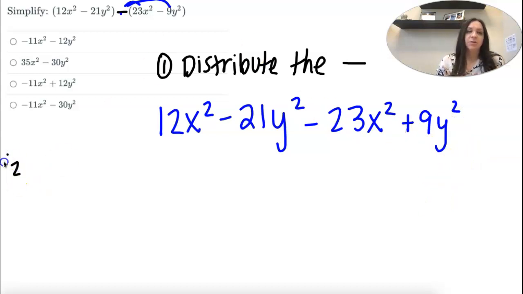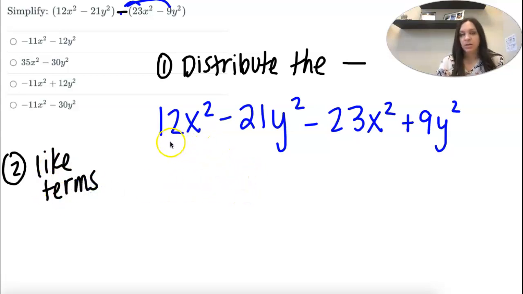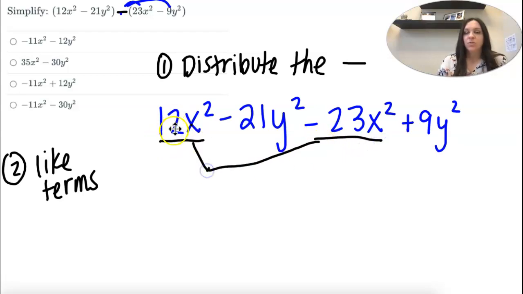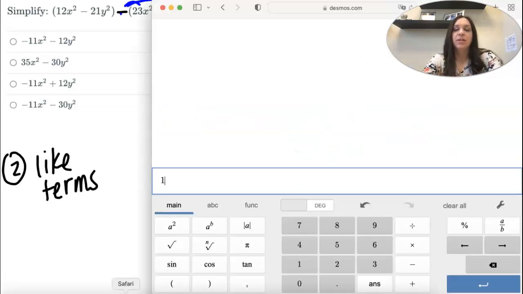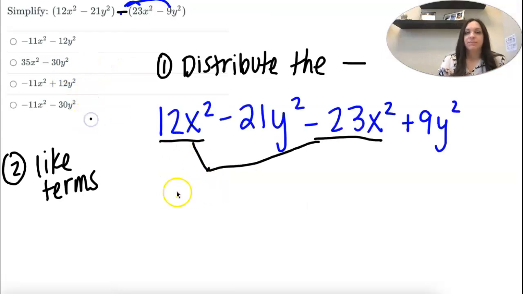And then step 2 is what we were doing, like terms. So same variable, same exponent. So x squared and x squared go together. 12 minus 23 is, I'm doing mental math, but I'm going to check, -11x squared.